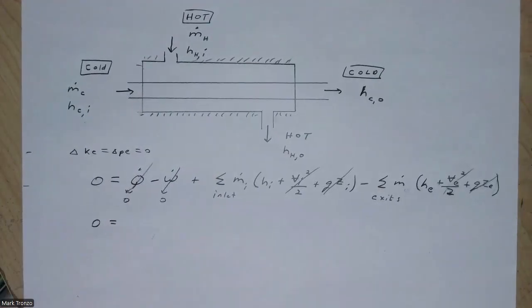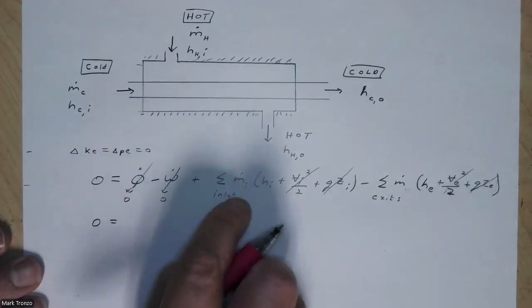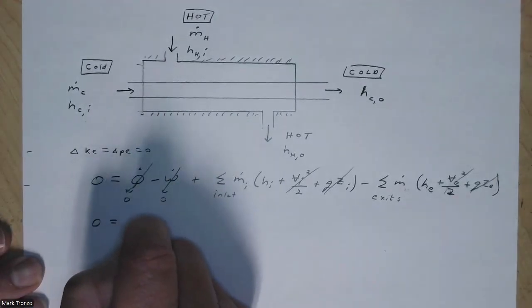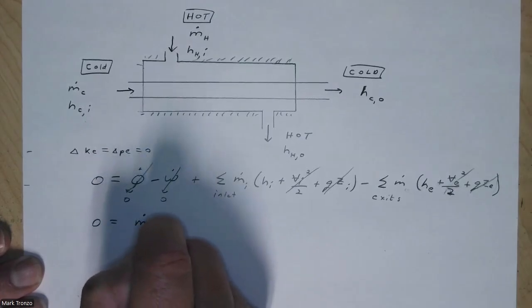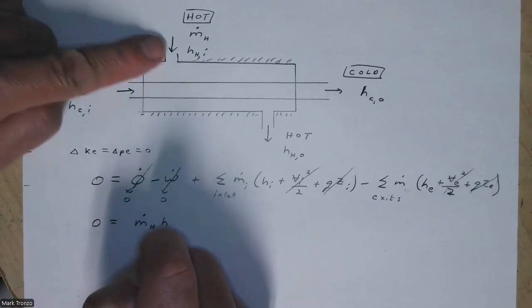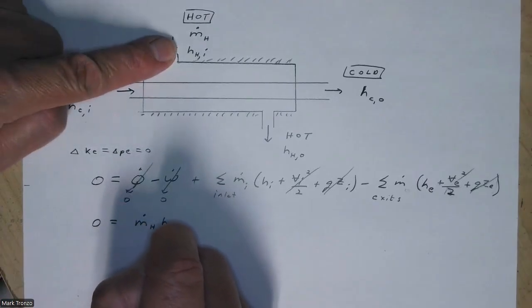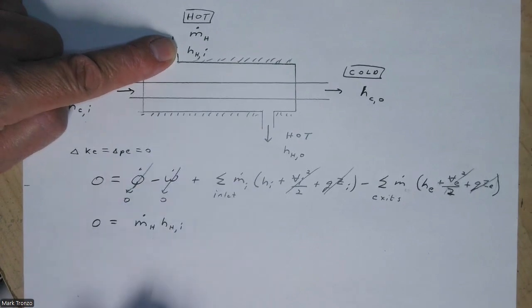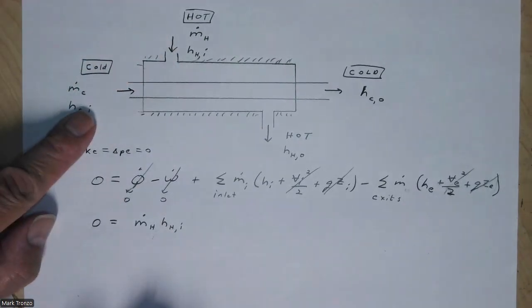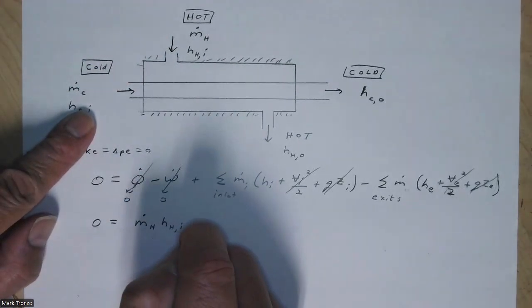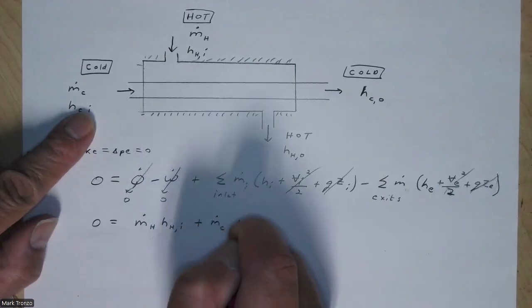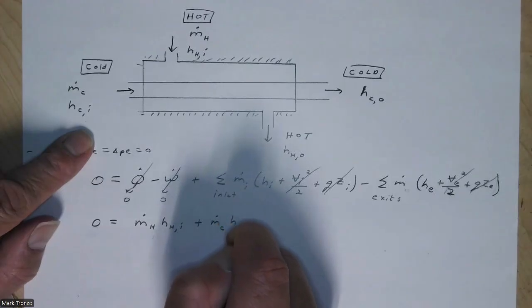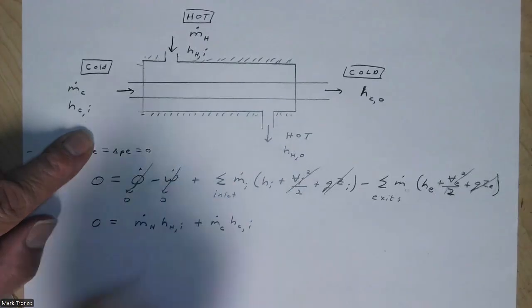Over here, if we sum all the inlets, this would be M dot H times the inlet enthalpy, HHI. Then for the cold, we're going to have M dot C times HCI for all the inlets.